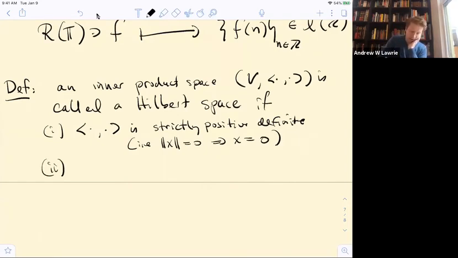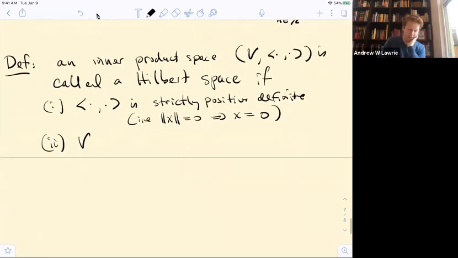But two, I showed you that once we have an inner product, we can endow the space with a metric, so an inner product space is also a metric space. Then you can ask, in the sense of your real analysis class, whether this metric space is complete or not. So the second property: an inner product space becomes a Hilbert space if V is complete with respect to the norm, i.e. every Cauchy sequence converges.